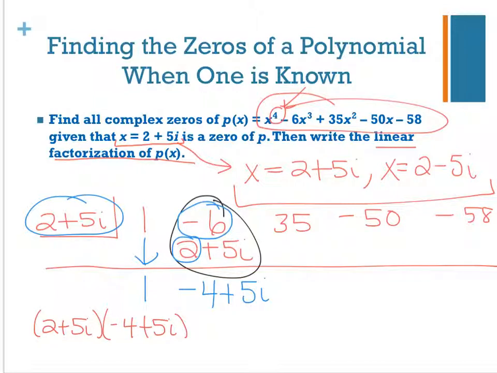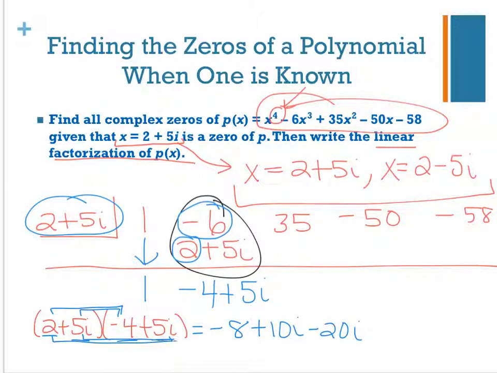And if you look at this, it's a binomial times a binomial, so I will FOIL. So when I FOIL, 2 times -4 is -8. 2 times 5i is 10i. 5i times -4 is -20i.